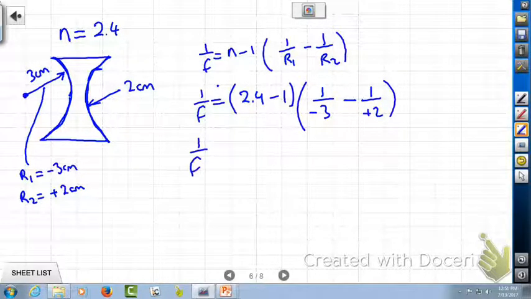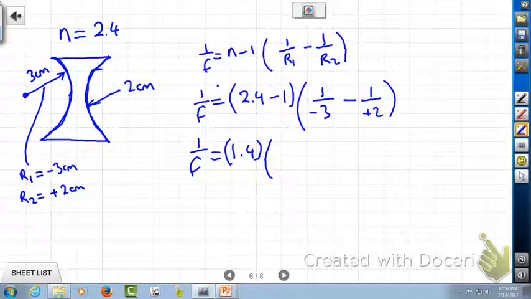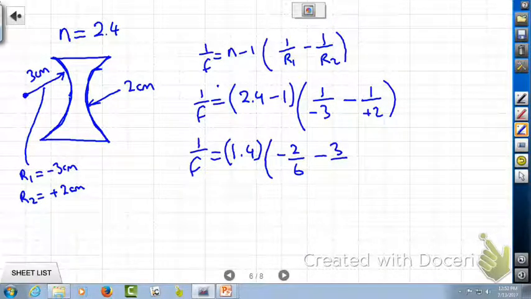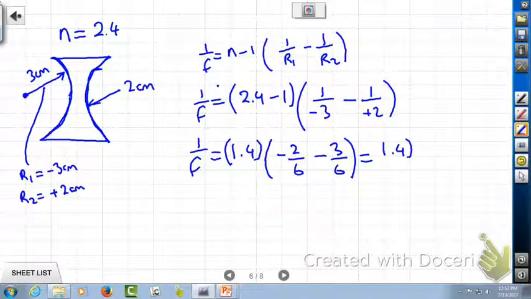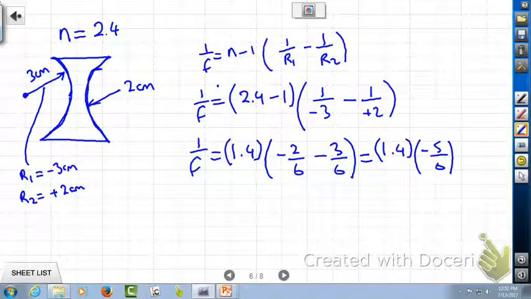1 over f equals 1.4 times, let's have a look, minus 2 over 6 minus 3 over 6, which is 1.4 times minus 5 over 6.